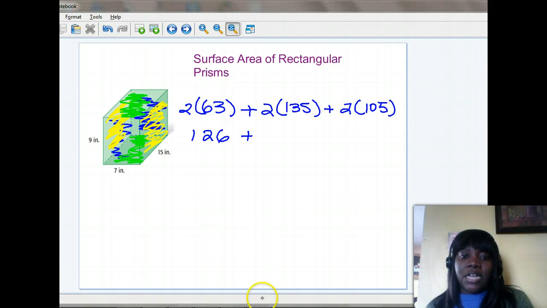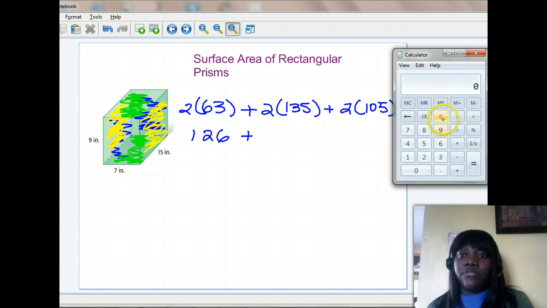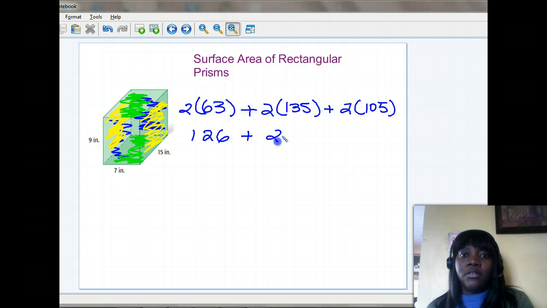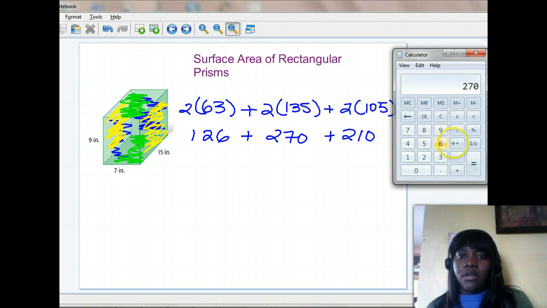Now keep in mind, when you are using a calculator for this, you must do all the multiplication first because the calculators that we have are not programmed to do the order of operations. Alright, so now let's add everything up: 270 plus 126 plus 210.